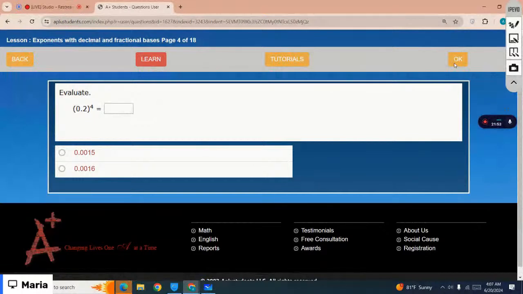Next, 0.2 exponent 4, which is the correct option? That means you have to multiply 0.2 4 times.